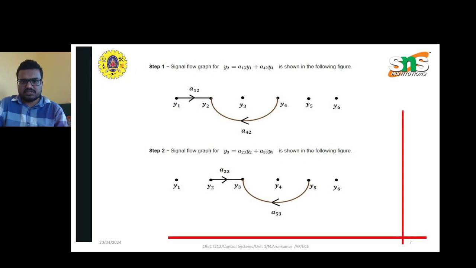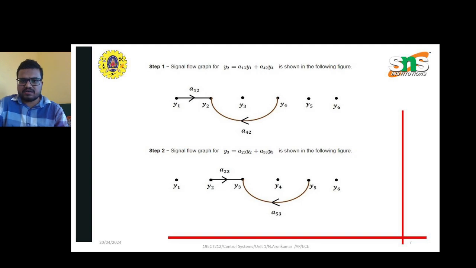Step 1, signal flow graph for y2 equals a1 y1 plus a2 y4. It has to be followed by a12 into y2, y3 until a4, because based on the loop we can create the transfer functions. Step 2, signal flow graph for the second equation can be written with y1, y2, y3, y4, y5, y6, because y2 is given in the sum, so it can be forwarded as a2 into y2 plus y3 into a3.